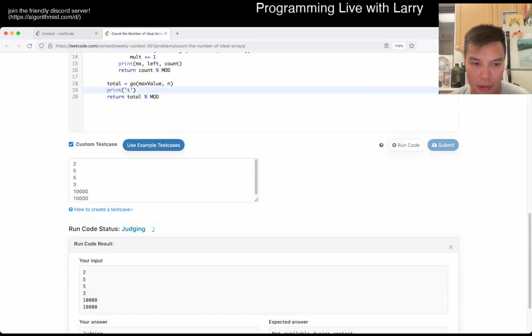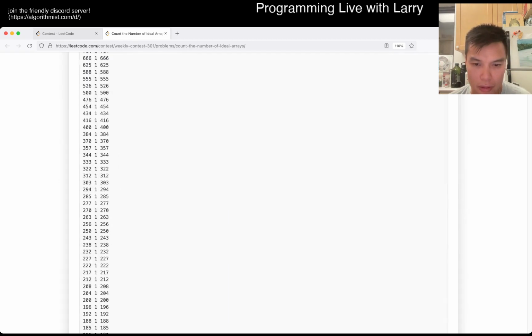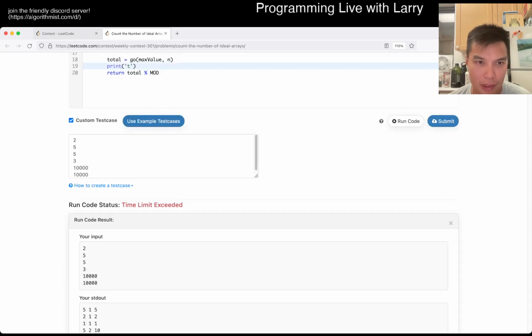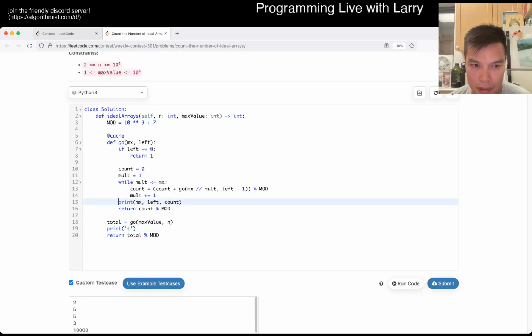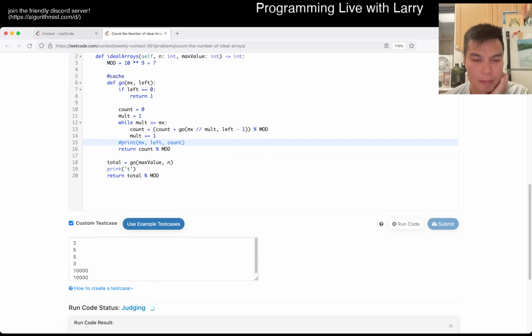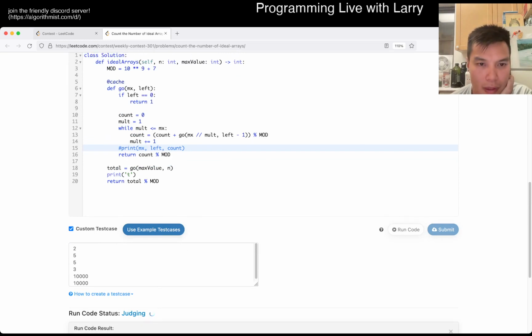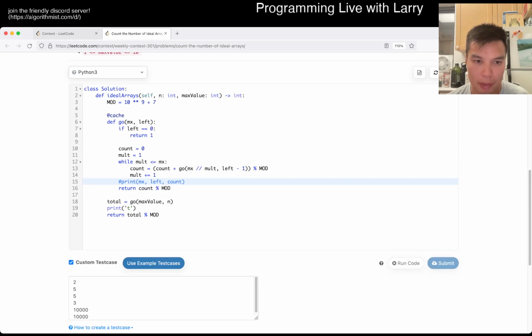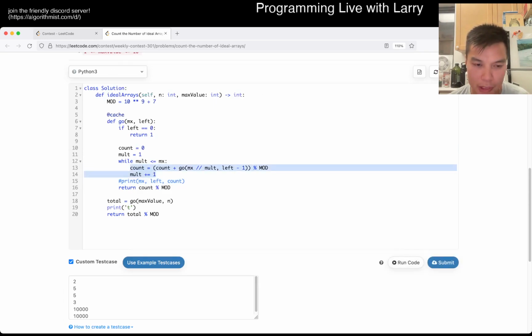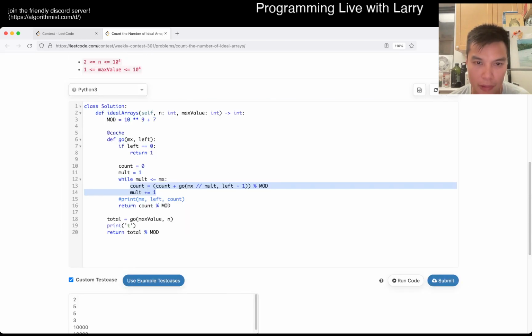Okay, still too slow. Oh, maybe because I'm putting stuff as well, but still too slow, I think. But okay, but then now I can think about how to optimize this to only, instead of choosing every number, a lot of these numbers are duplicate, right?